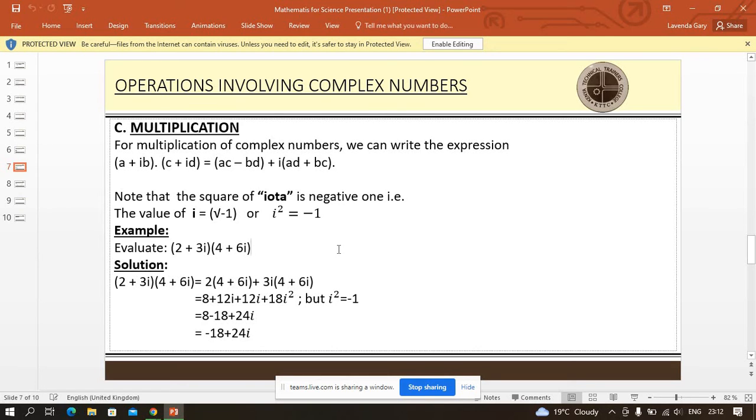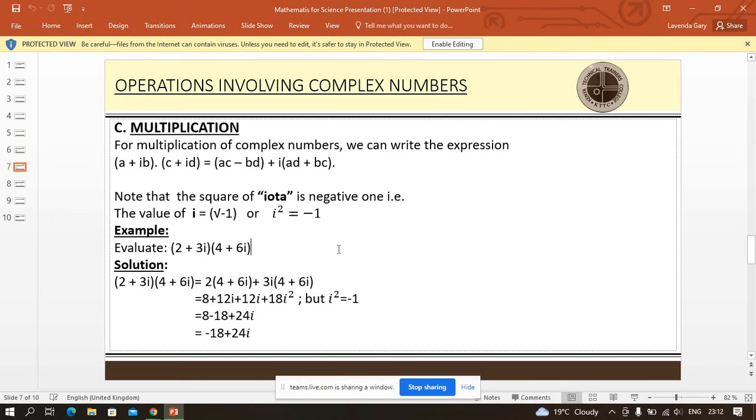Now, for example, given 2 plus 3i into 4 plus 6i, what shall we get? Can you move stepwise? It shall be 2 into 4 plus 6i. Can I try? Yes, Sophia.